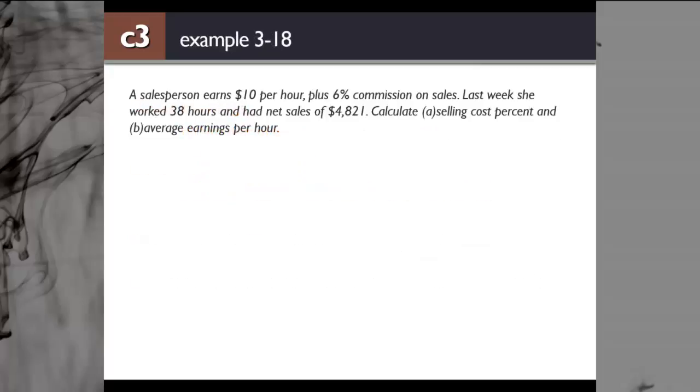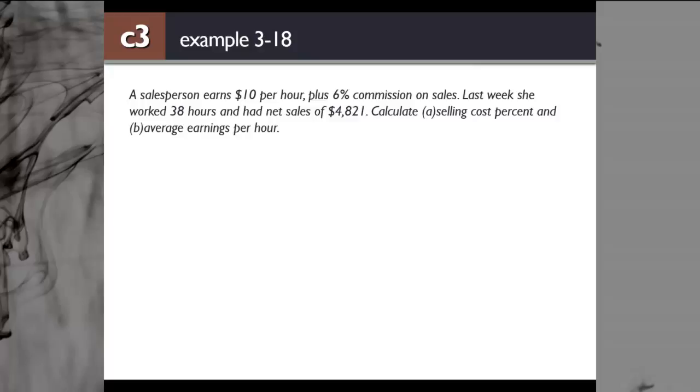Based on the previous slide, let's look at example 3.18. This is a case where you're paid hourly and you can also get commission. Imagine that you're working for a company and your hourly wage is $10 and you have a 6% commission on sales.